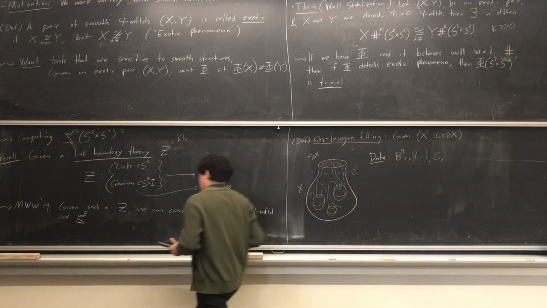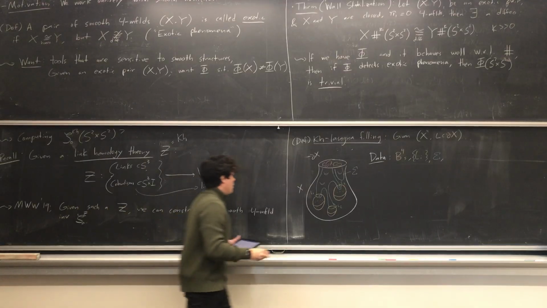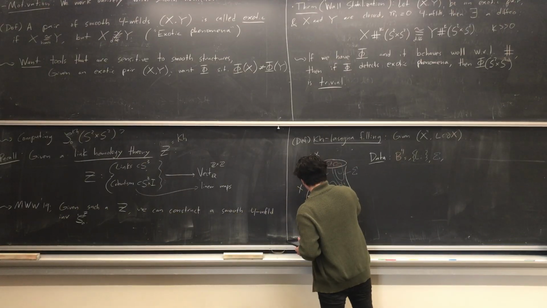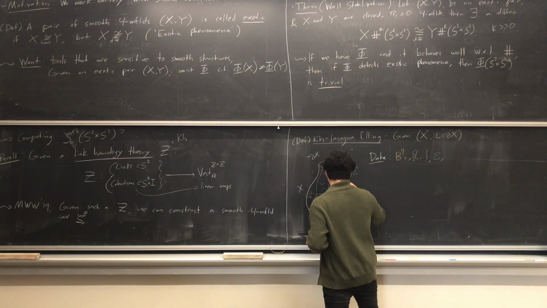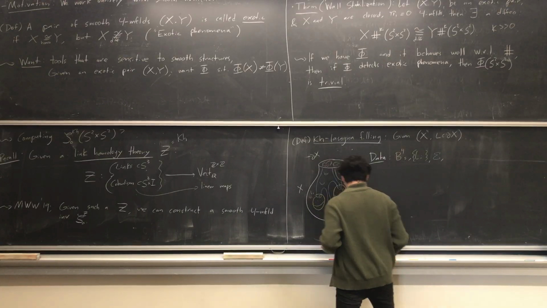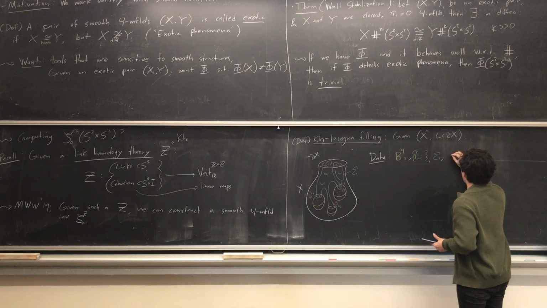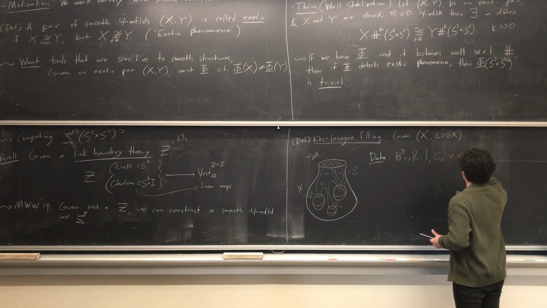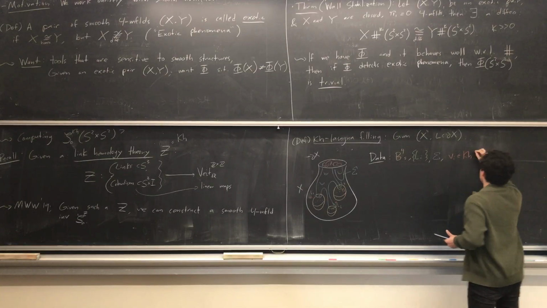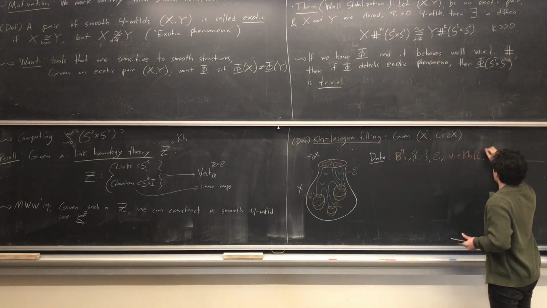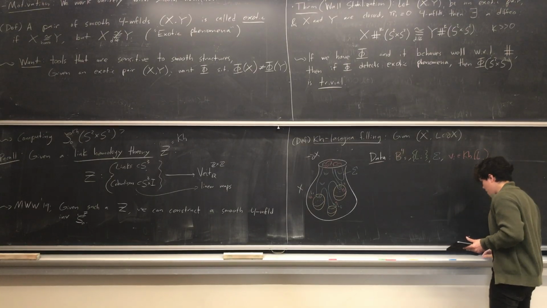So at each of these input links, there is some label, let's say V1, V2, V3, where each Vi is in the Khovanov homology of that input link.